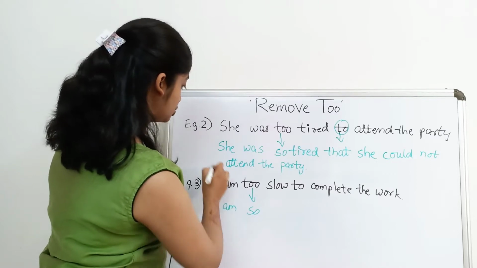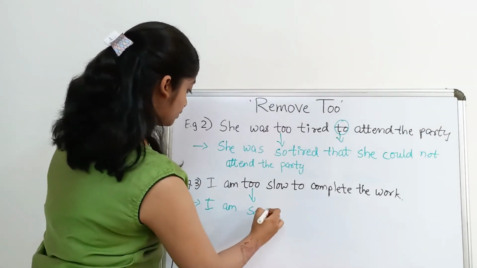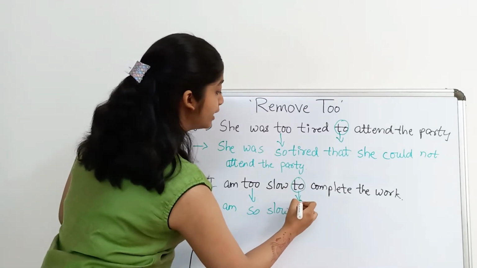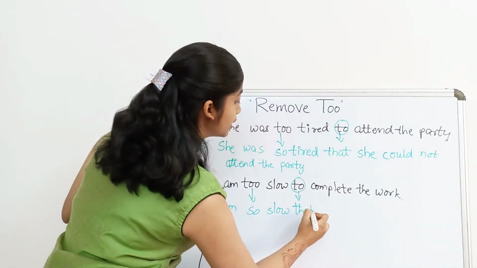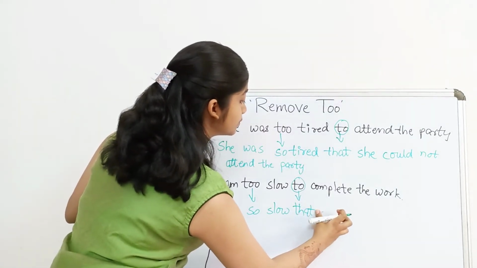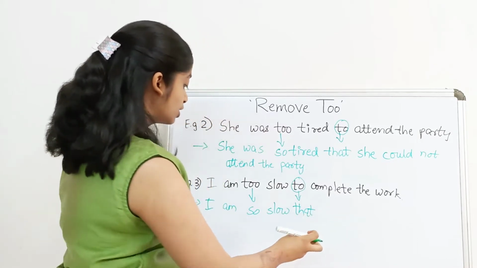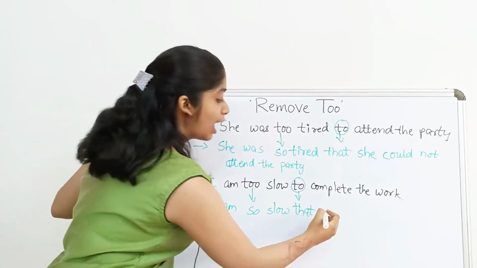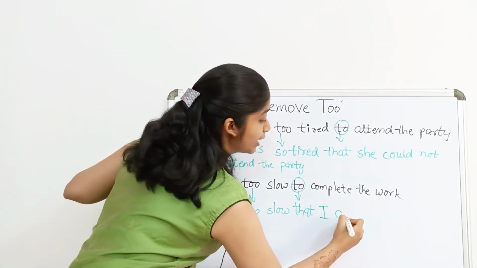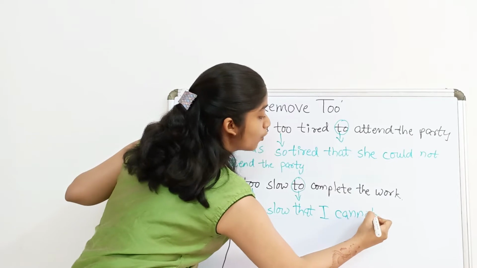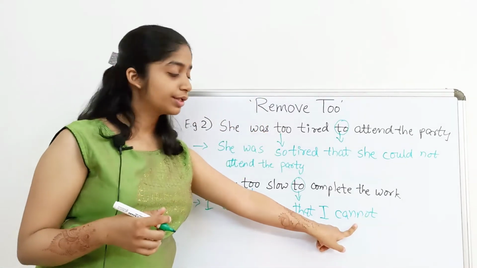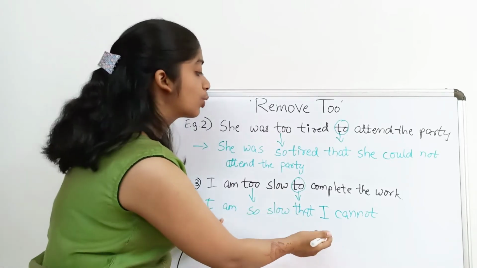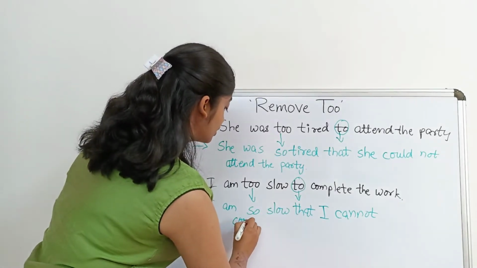I am so slow, and instead of this "to", we will write that plus subject plus cannot or could not. So, I am so slow that the subject is I, that I cannot. Why will we write "cannot" over here? Because the sentence is in the present tense. I am so slow that I cannot complete the work.